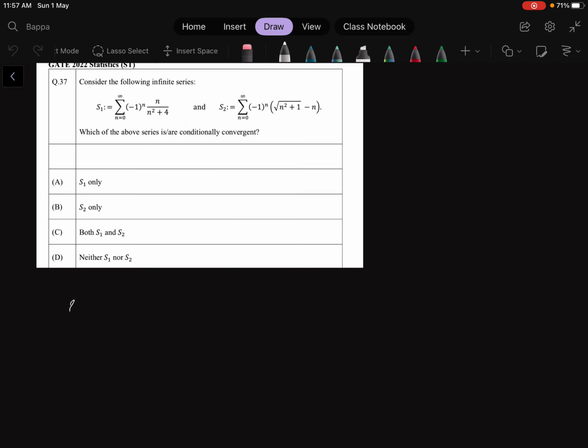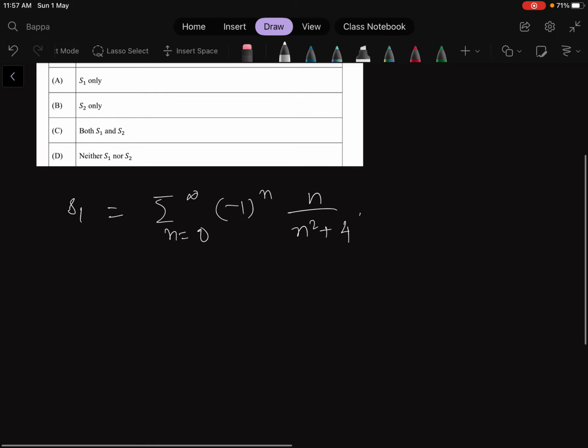First let us look at S1 equal to summation over n equal to 0 to infinity (-1)^n by n square plus 4. So I will check what happens to the tail of the series.